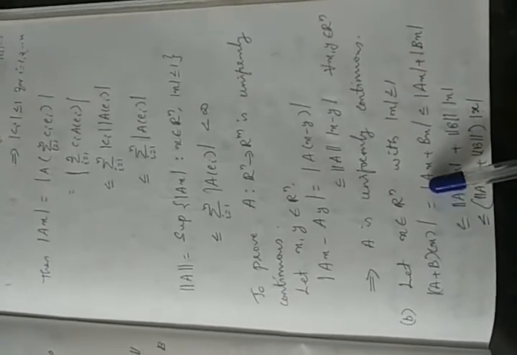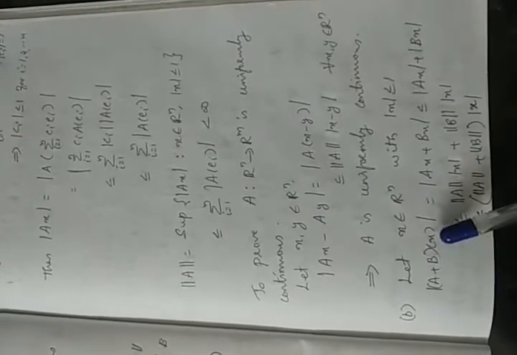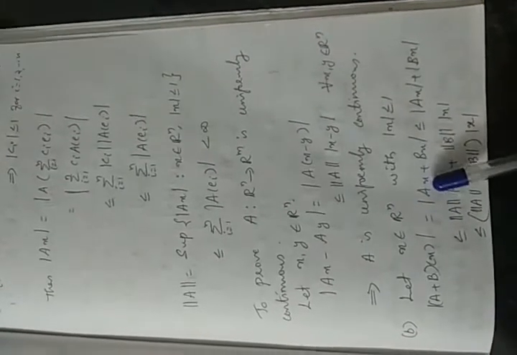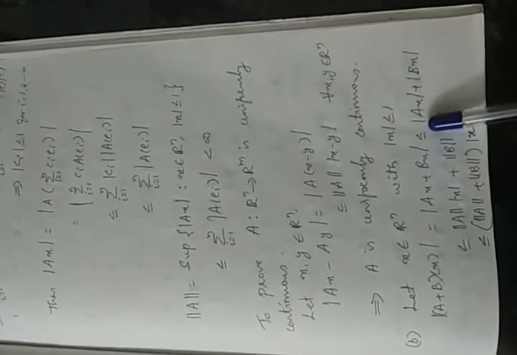Since A and B are linear transformations, (A plus B) of x is defined by A of x plus B of x, and modulus of this is less than or equal to modulus of A of x plus modulus of B of x.